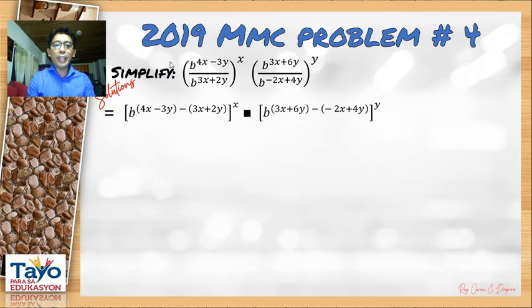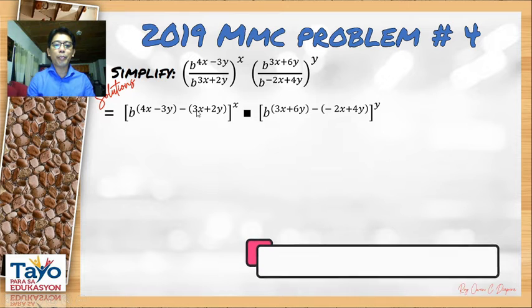So for b, we just copy the same base and we subtract the exponents. Now be careful, the operation is minus. It's very important that this exponent in the denominator should be enclosed in an open and closed parenthesis.